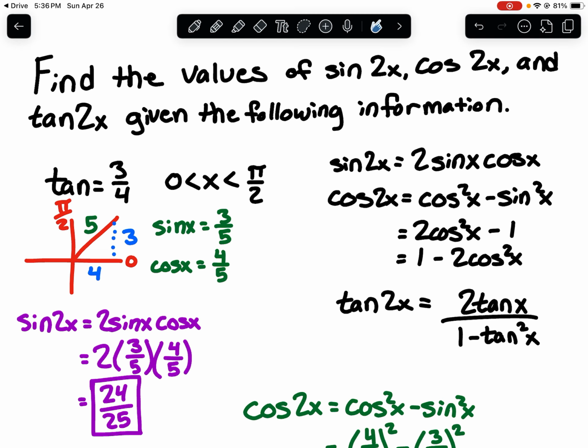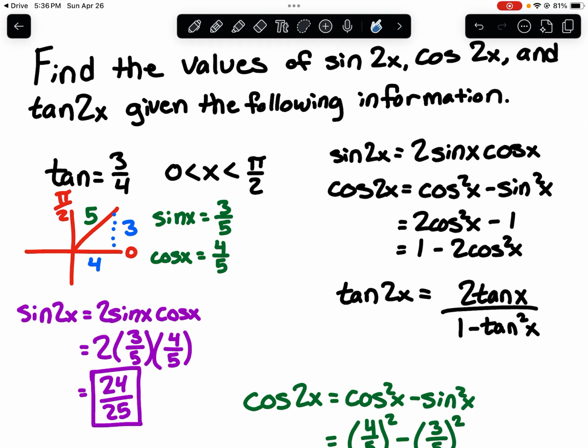But if we start with our double angle, I'm hoping it's okay that I have everything written out to hopefully make this video go a little bit quicker. If there's anything you need to pause, hopefully I avoided any silly mistakes here. We're going to find the values of sine 2x, cosine 2x, and tangent 2x given some certain information.